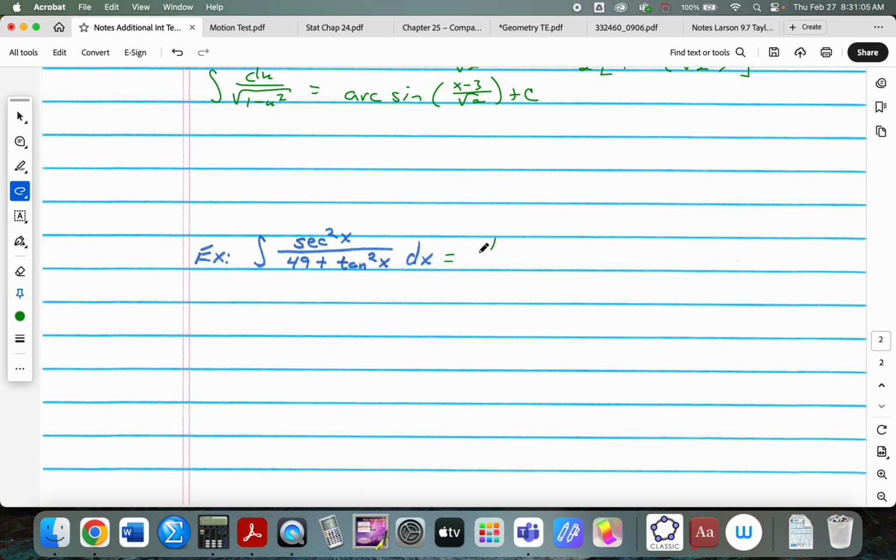So this would be 1/49th of the integral of secant squared of x over 1 plus, well, if I factor a 49 out of that, I'm going to have tangent squared x over 49, which is tangent of x over 7 quantity squared.